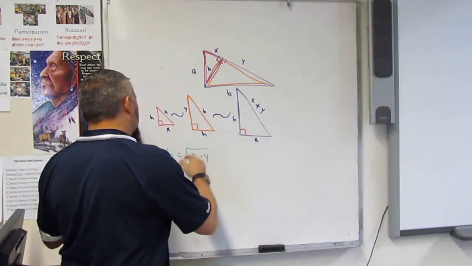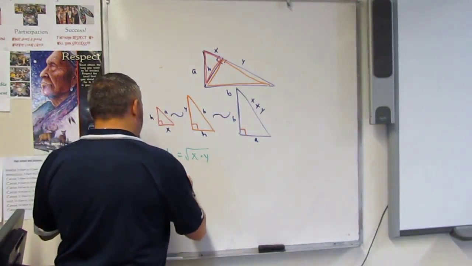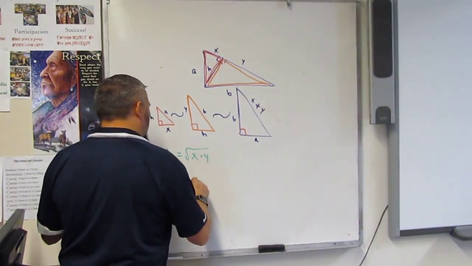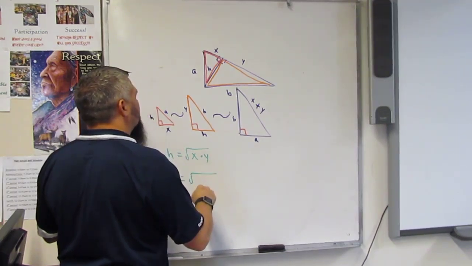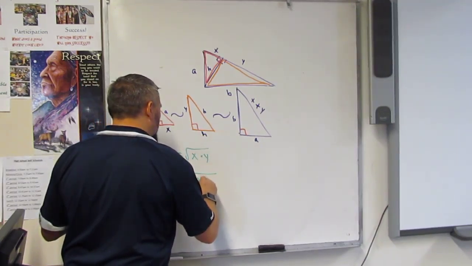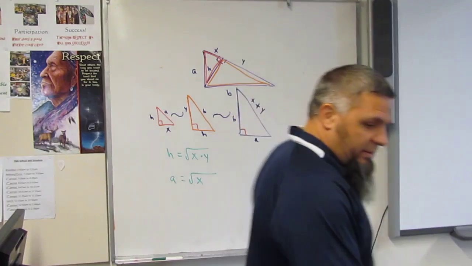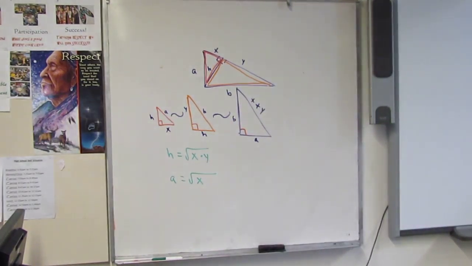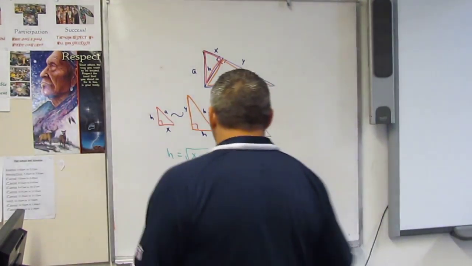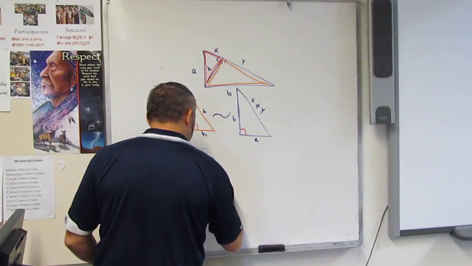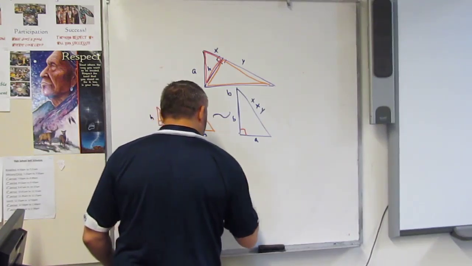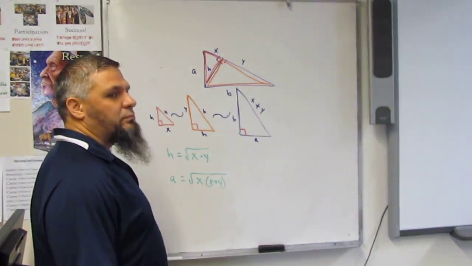So A is going to be equal to the square root of x times x plus y. Okay.